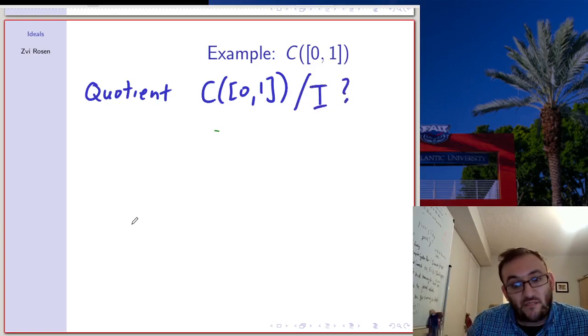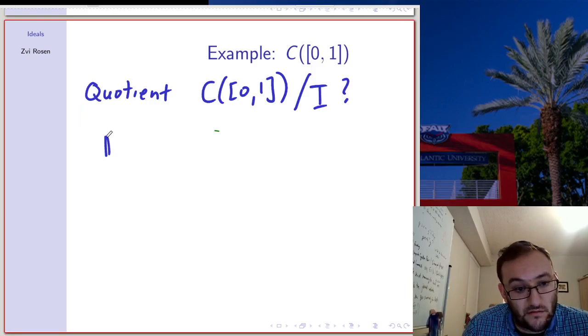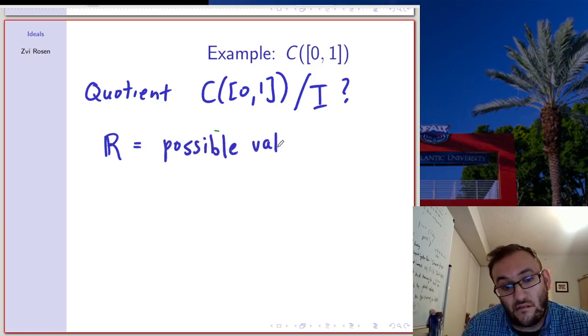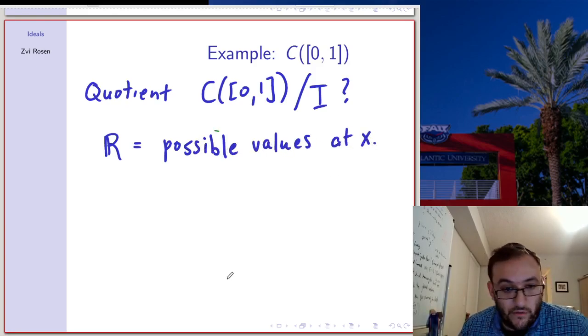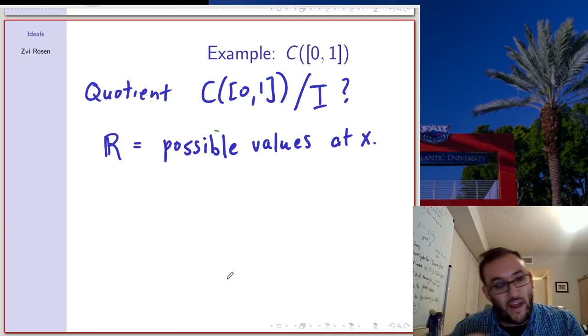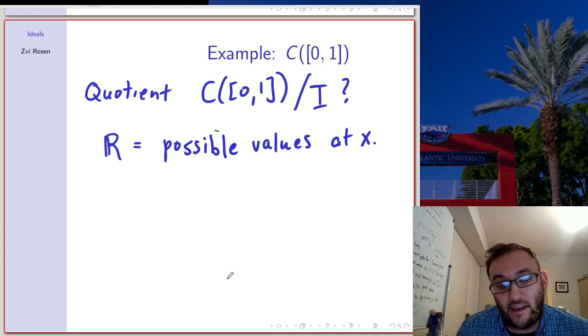Well, that's just isomorphic to R. In particular, it's the possible values at x. Okay? So when you quotient out, for any continuous function on this interval, if you subtract off the value at x, you get some function in your maximal ideal, since that'll be a function which is 0 at x.